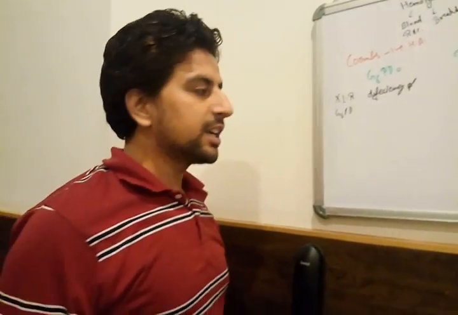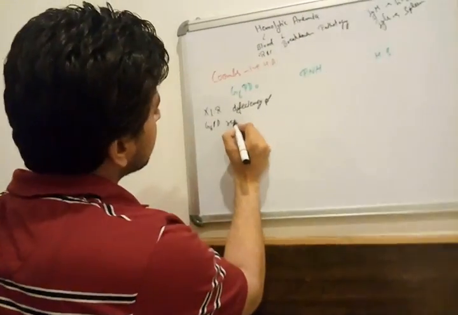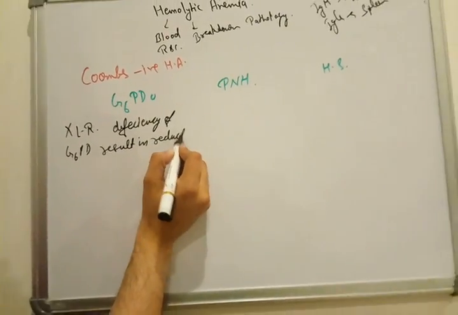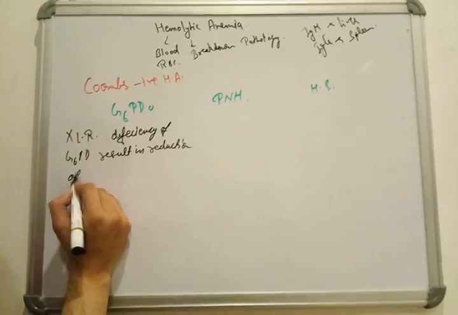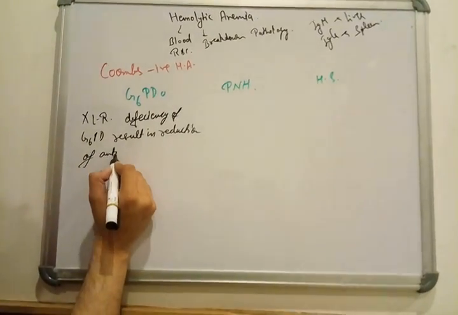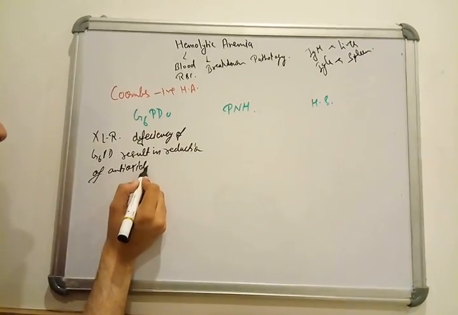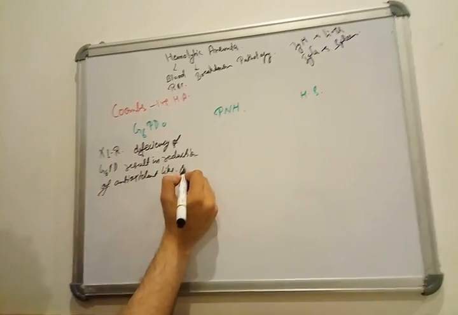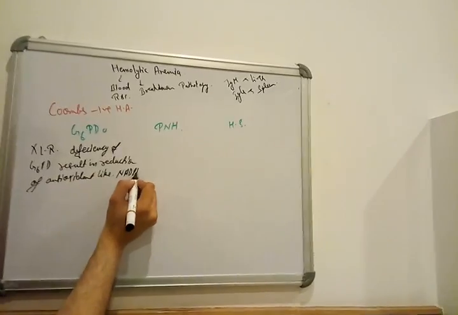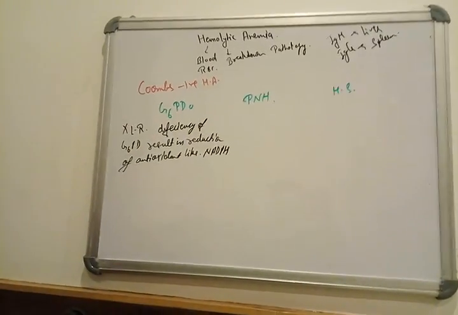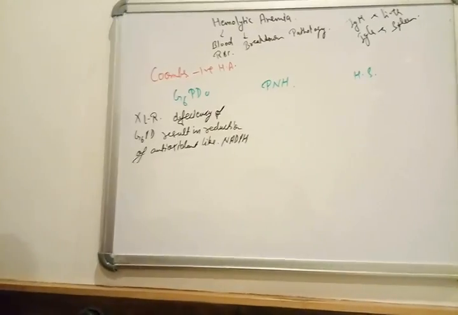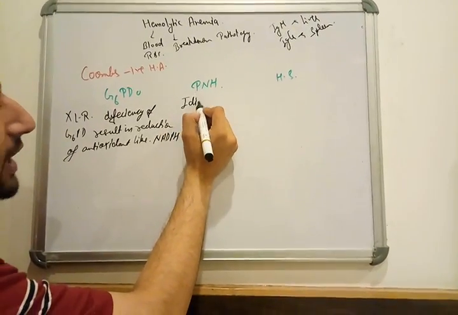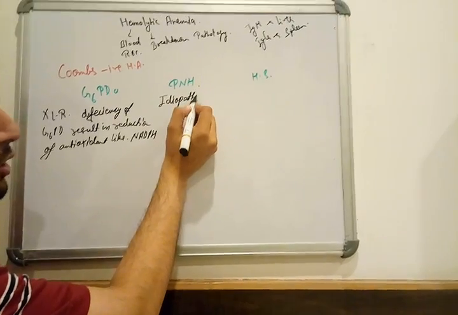It results in reduction of antioxidants like NADPH, which causes the lysis of RBCs. And PNH, paroxysmal nocturnal hemoglobinuria, is an idiopathic condition. Idiopathic means nobody knows the cause.